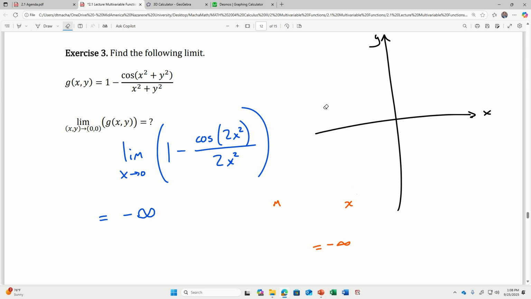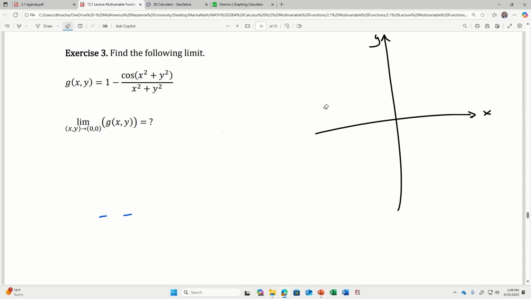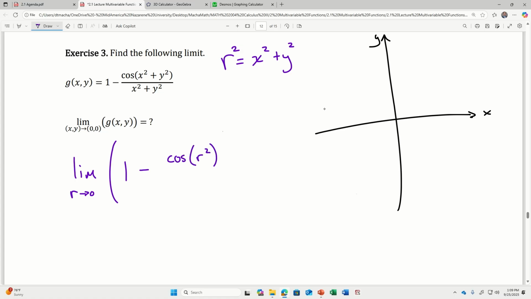Rather than choosing different directions, we are going to make a polar coordinate switch, which means I remember from polar coordinates that r squared is equal to x squared plus y squared, isn't it? So if I wanted to, I could rewrite this as the limit as r approaches 0 of 1 minus cosine of r squared divided by r squared.